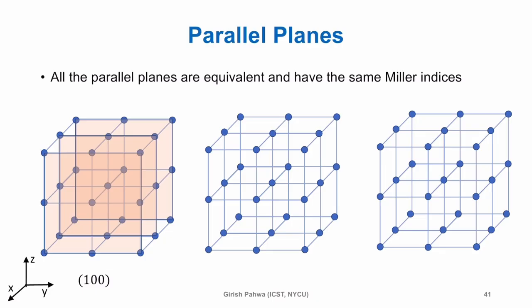So 1, 0, 0 not only represents one plane, it represents a family of planes which are parallel to that plane. If you calculate the Miller indices of this also, you get the same thing. You can try that. Similarly, this will have the same set of Miller indices, which will be 0, 1, 0.